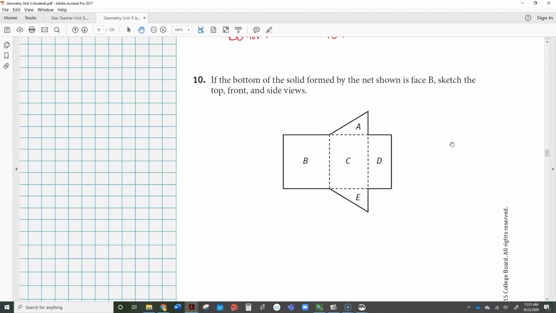Okay, so that means if the bottom of the solid formed by the net shown is face B. Okay, so let's see. This looks like that's the bottom. Then C is going to be a side.